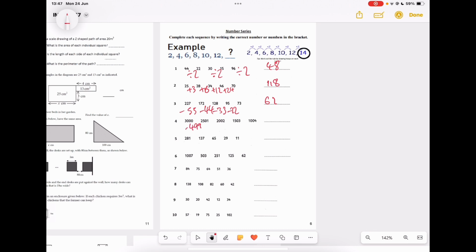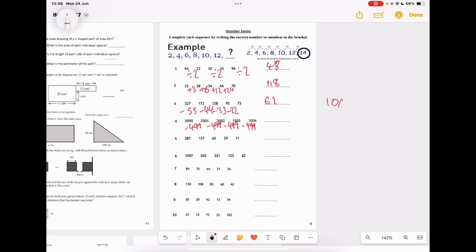So subtracting 499. And then that is the same here for 2,002 to 1,503. It's the same. And between 1,503 and 1,004, it's also the same.